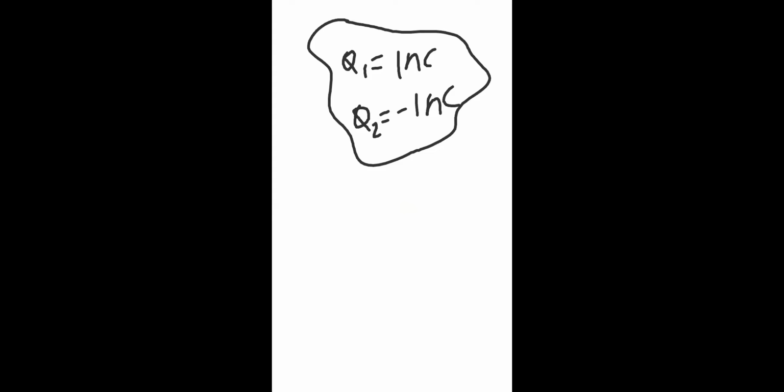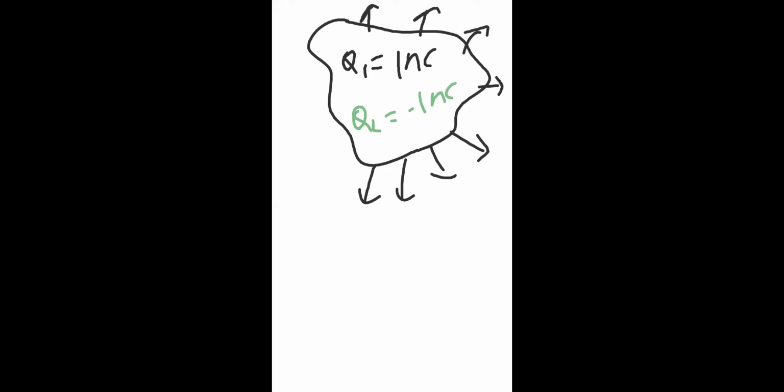What is actually happening? My Q2 is minus 1 nanocoulomb. First I concentrate on Q1, 1 nanocoulomb. Because Q1 is positive, some flux will be coming outside.